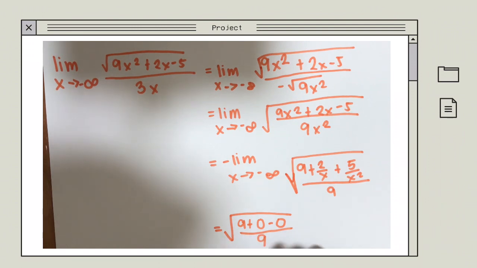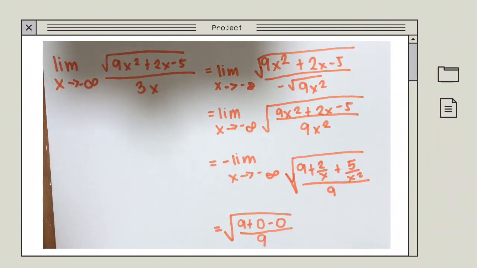So that's it in solving for negative infinity.